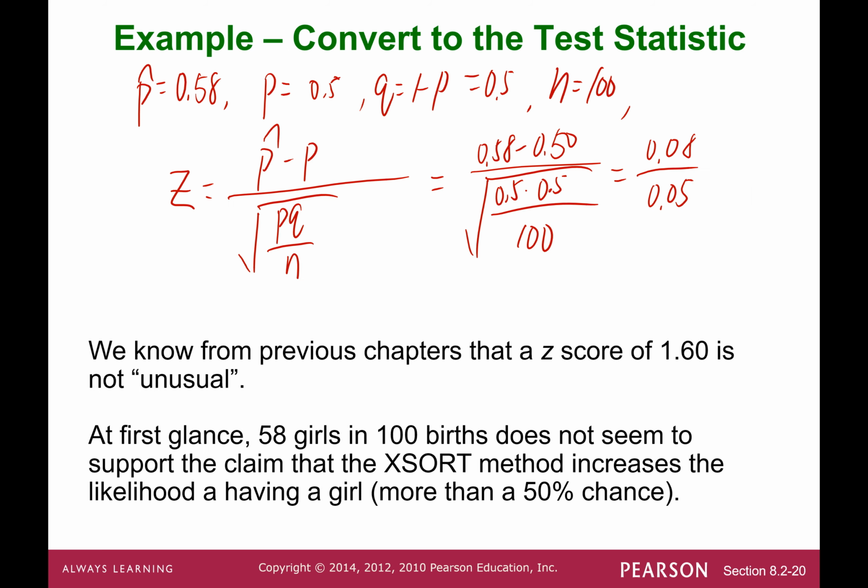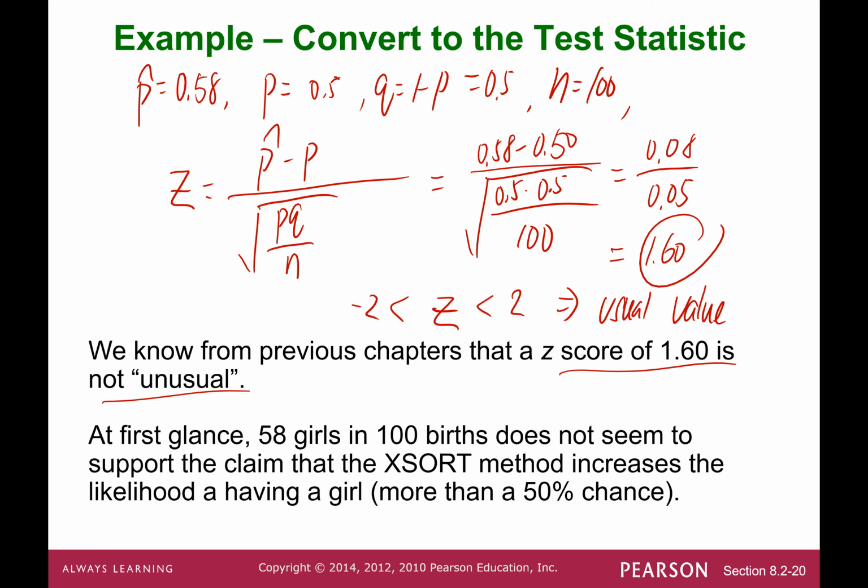This is exactly 1.60. So we know that when the z-score is between -2 and 2, it is a usual value. So a z-score of 1.6 is not unusual; it's a usual value.